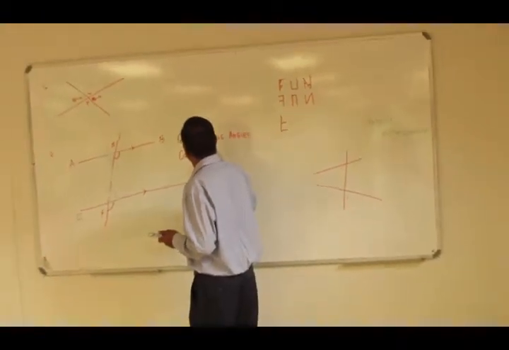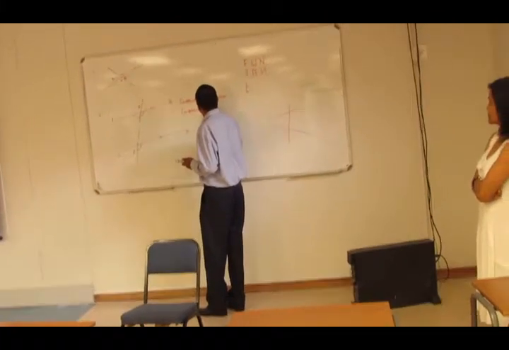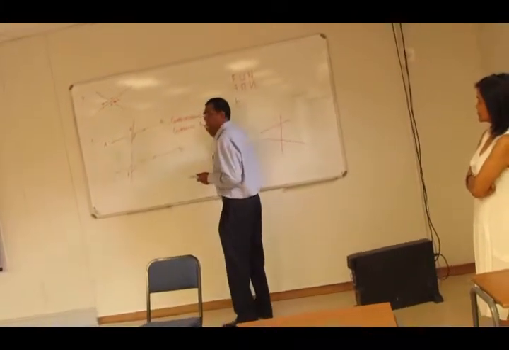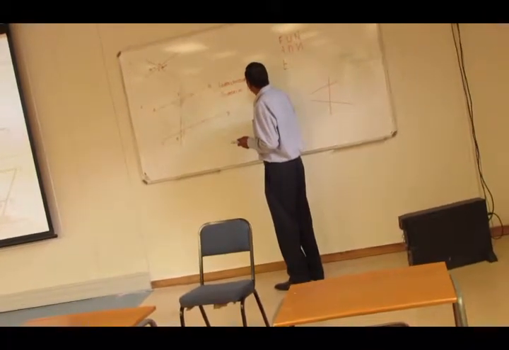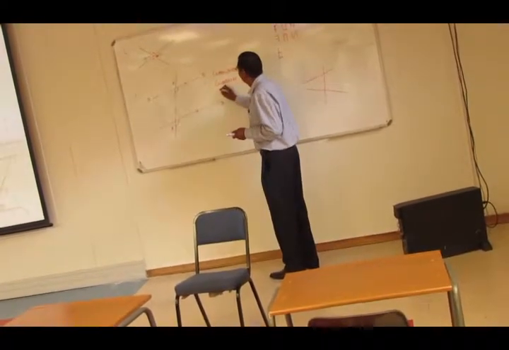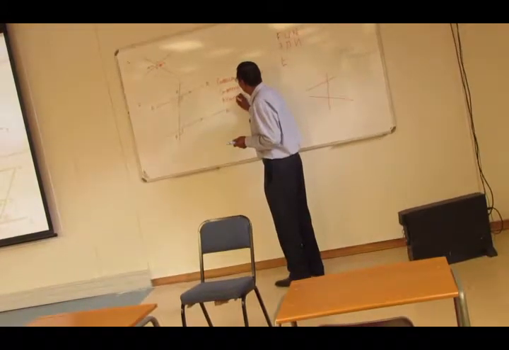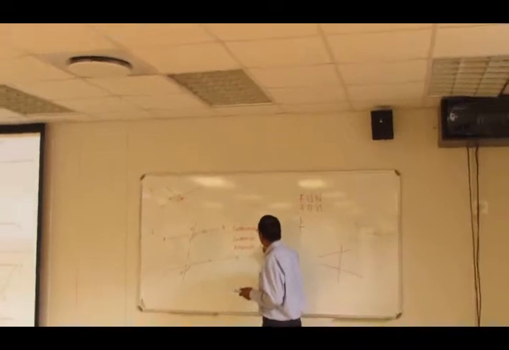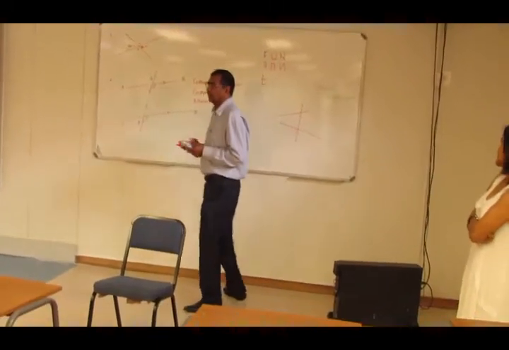Now, the word co-interior angles sort of means together, both, company, cooperate, angles, and alternate. Now I described these two here, alternate angles and corresponding angles, but I haven't yet described the co-interior angles.